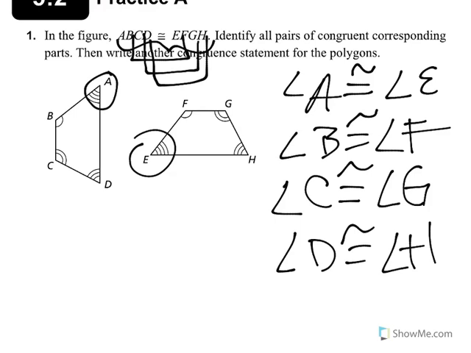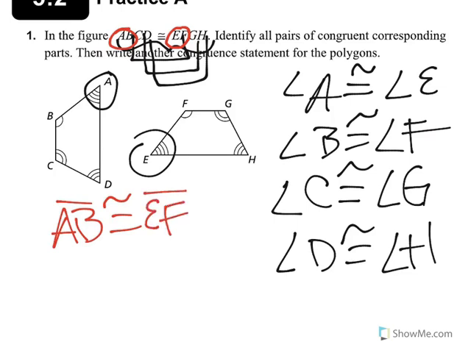Okay. We needed to find all congruent corresponding parts, so that means we also need to look at our sides as well. Okay, if you actually look at your congruence statement, we have AB first, and then we have EF first. So we know AB is congruent to EF.